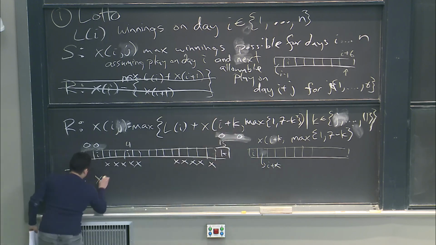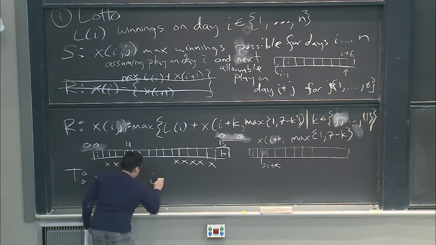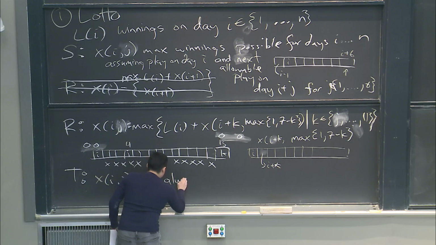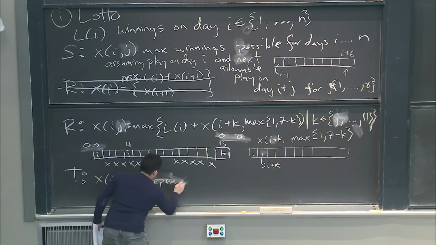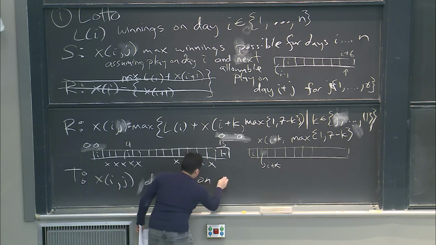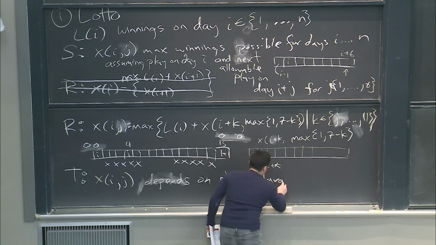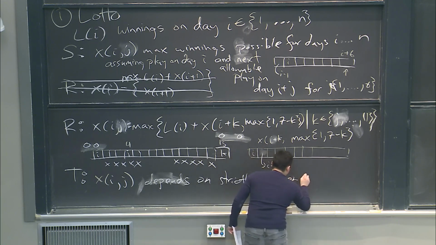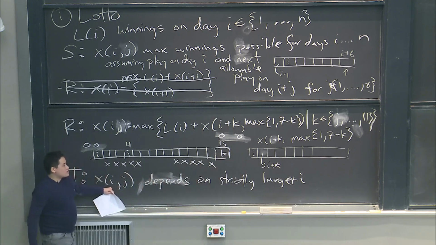So x of i, j always depends on strictly larger i. When I call subproblems, it always calls subproblems with a larger i.